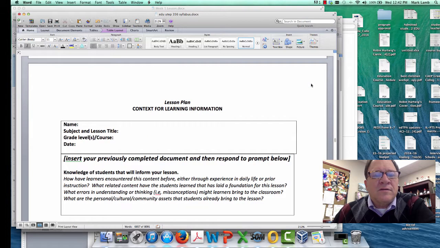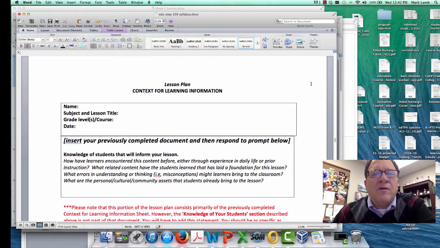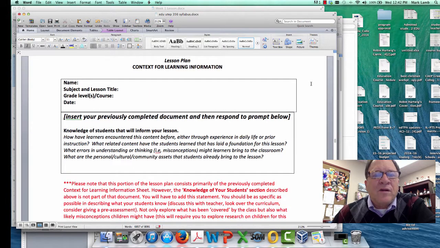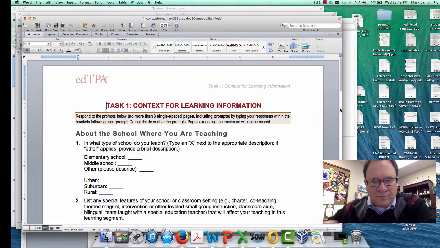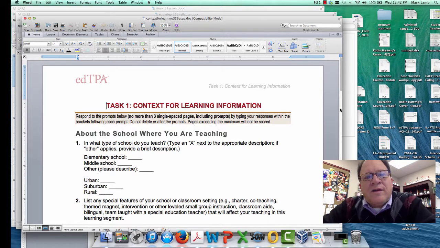All right, let's look specifically at the parts of this lesson plan. First, it mentions the context for learning, and it says to insert your context of learning document here. Okay, so what is the context for learning document? Here we have the context for learning, and notice it is an NTPA document.